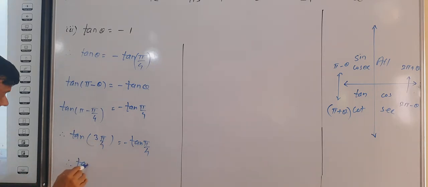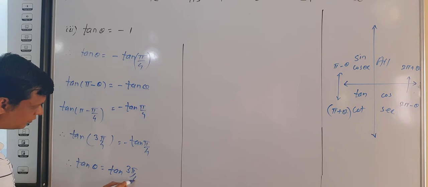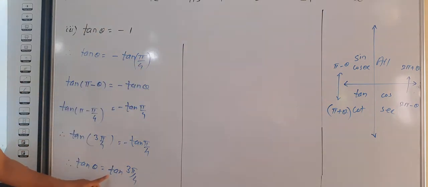Therefore tan theta equals tan 3 pi by 4. In place of tan pi by 4 we write here tan 3 pi by 4. Now this is of the form tan theta equals tan alpha.